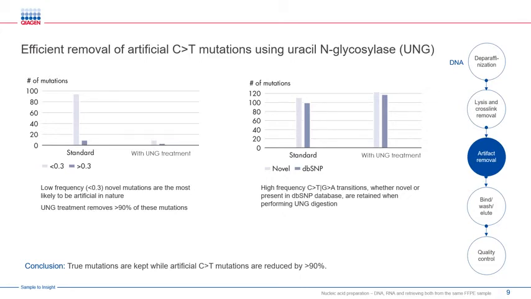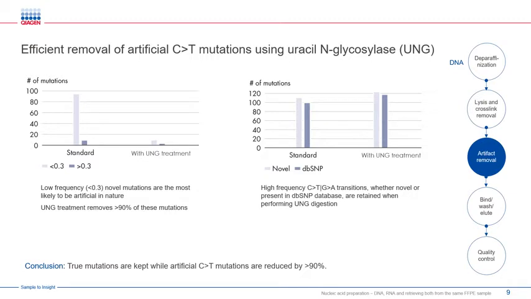To exclude those artificial mutations from your analysis, the best way is really to do a UNG treatment, uracil N-glycosylase. This will cut out the deaminated cytosine. So deaminated cytosine is uracil, and the enzyme removes that.